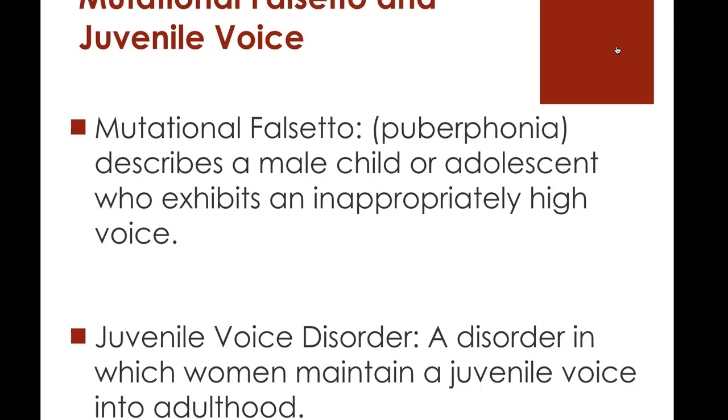All right. Then we've got mutational falsetto and juvenile voice disorder. Mutational falsetto, or puberphonia, describes a male child or adolescent who exhibits an inappropriately high voice. So if we have a 9-year-old boy who speaks like a 9-year-old boy, he'll probably be really happy with that voice.